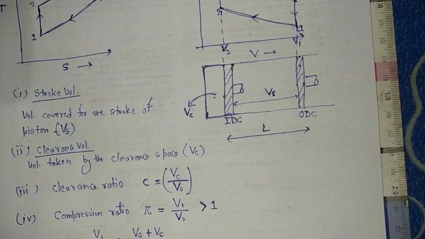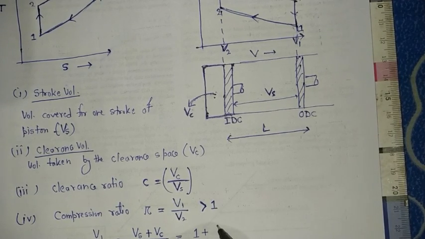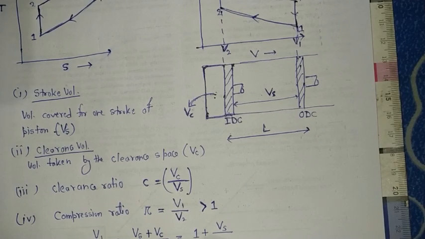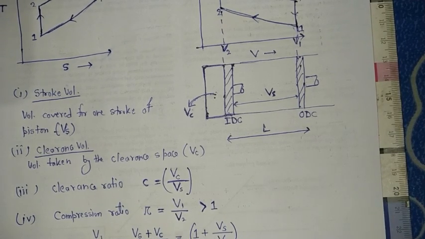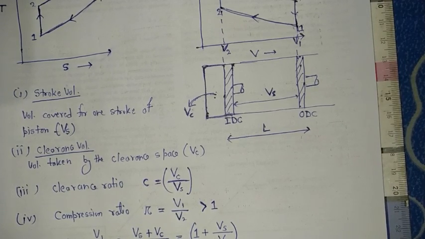Vs plus Vc, and V2 again is Vc. So we can write it as 1 plus Vs over Vc. So Vs over Vc is equal to R minus 1.